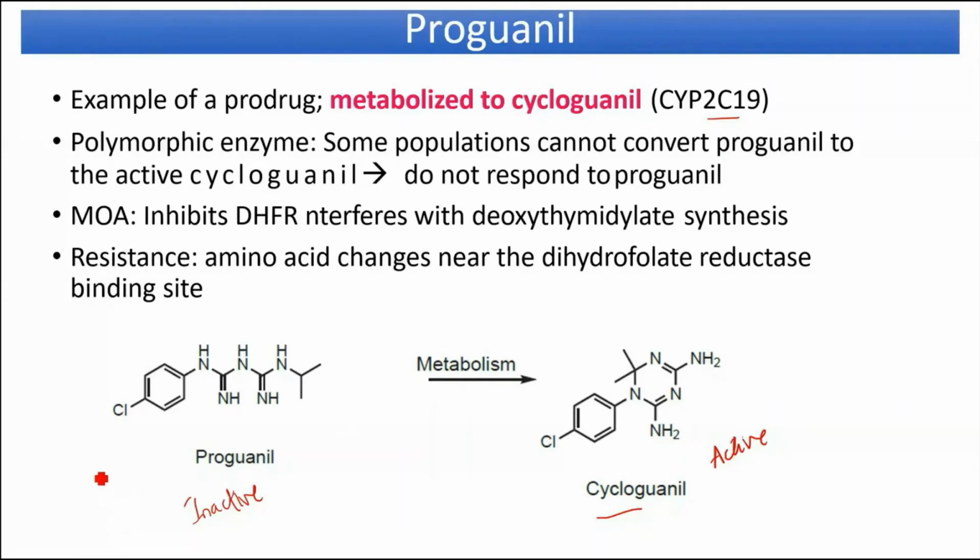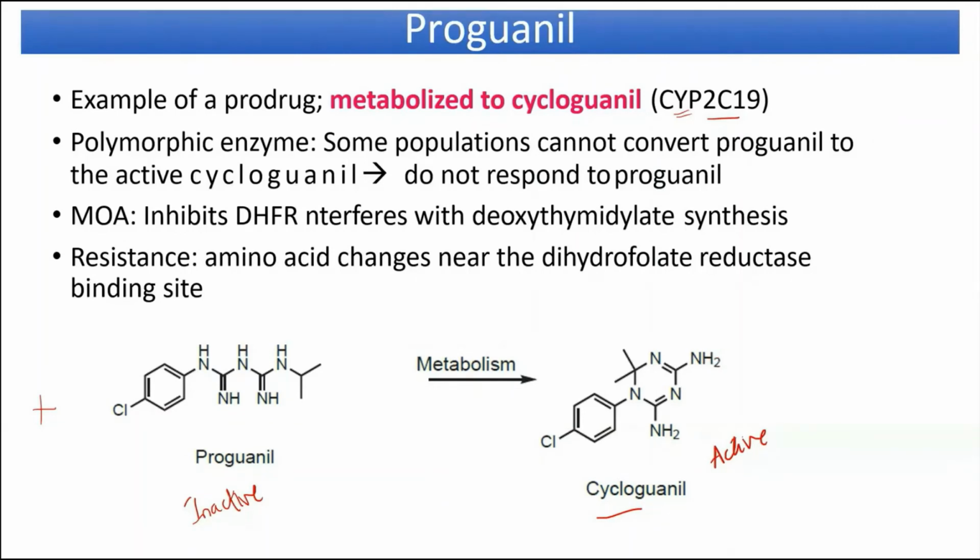So proguanil is not converted to active cycloguanil, and therefore you will have no effect, which is your example of genetic modification, which happens due to polymorphic variation. So for a certain population, you have to identify whether that population is receptive to this metabolism, which is done in genotyping studies, where you check whether this enzyme is normal or not. And if the enzyme is normal, only then the drug will be active.